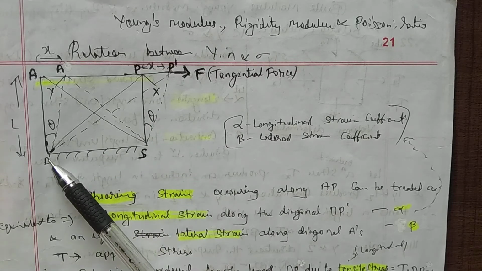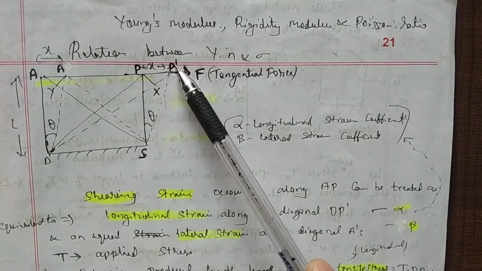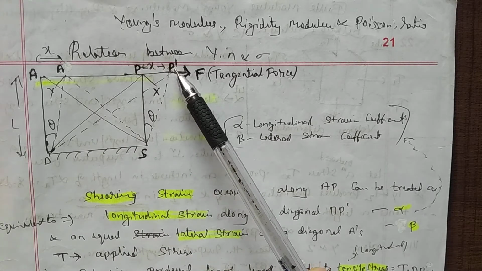Then there is a new diagonal DP dash; the earlier diagonal was DP, now it is DP dash. So there is an elongation in the diagonal DP dash.